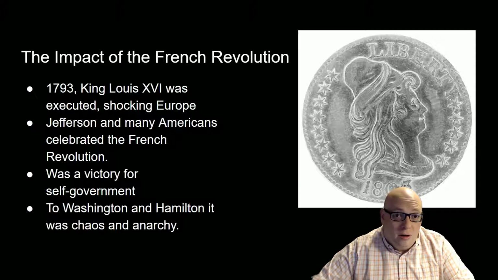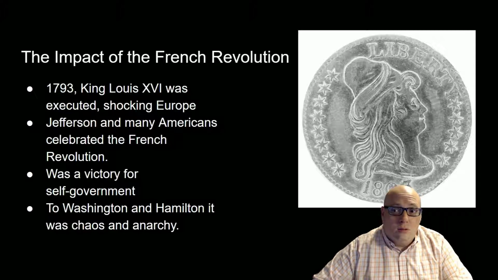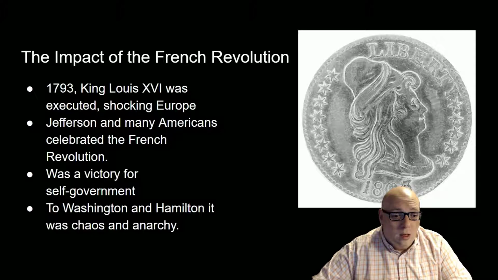Jefferson and many Americans will actually celebrate this new French Revolution as an idea of self-determination and self-government spreading from the American Revolution and going into Europe. But to Washington and Hamilton, this is scary. This is a very fearful thing, and this will lead to chaos and anarchy where the masses will just rise up and attack the elites.